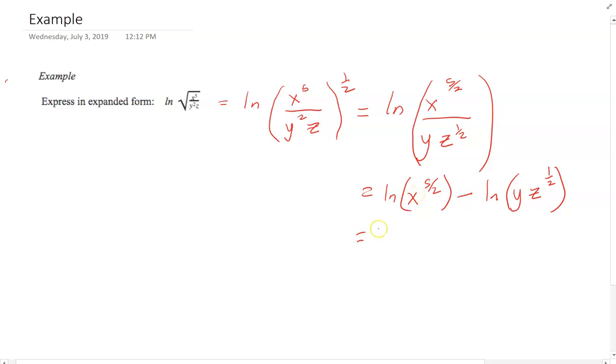Next, we apply property 3 to this first part, so this becomes 5 over 2 ln of x minus, let's use a parenthesis because now this product will be expanded out to become a sum. That's ln of y plus ln of z to the 1/2.